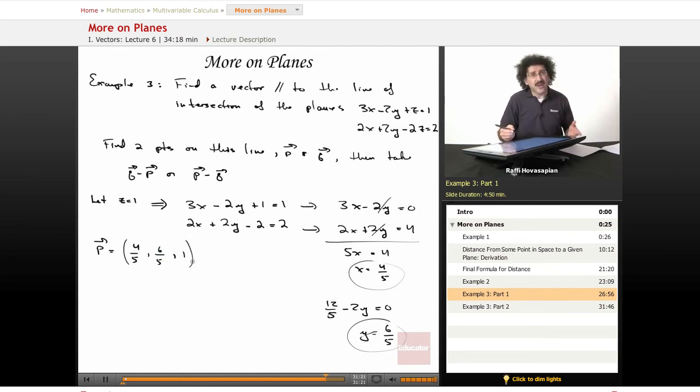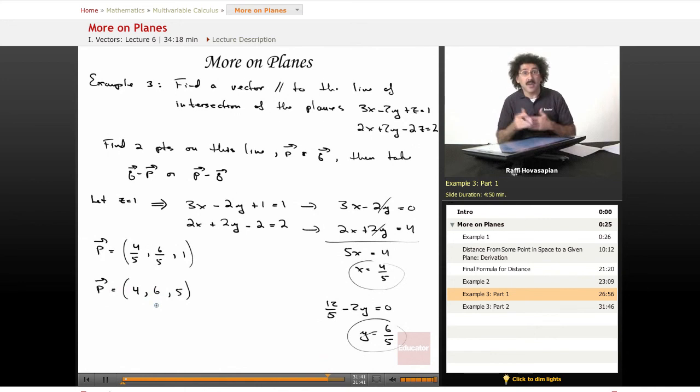I don't want to deal with fractions, and any multiple of a vector is pretty much the same vector, in the same direction. So I'm going to multiply everything by 5 so I can work with whole numbers. This is going to be 4, 6, and 5. So 4, 6, 5 is my first point.